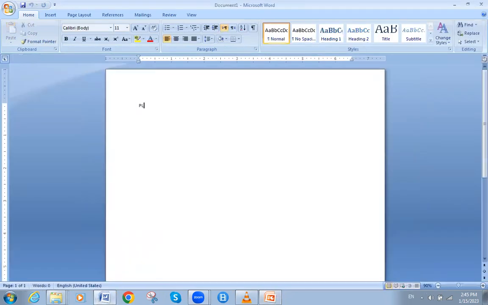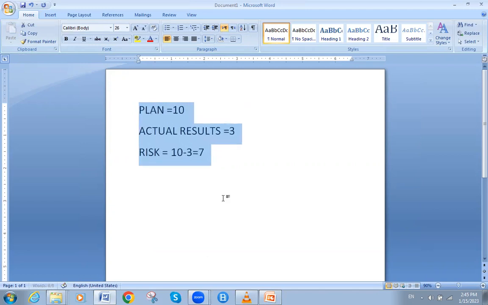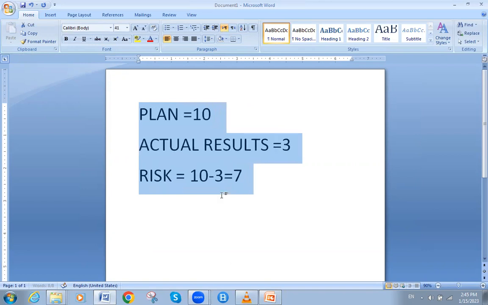For example, if I plan to produce 10 units, and the actual results are that I produced only 3 units, then the risk will equal 10 minus 3, which equals 7.